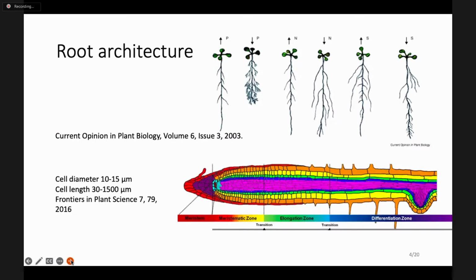Why the root architectures, why nitrate and the importance of root architecture? Well, because that's the way the plants will determine how roots will be spread in the soils, how they are going to be able to get more nutrients, and depending on whether the concentration of nitrate is going to be high or low in the soils, that will signal the plant how to develop the roots in order to survive in the environment.